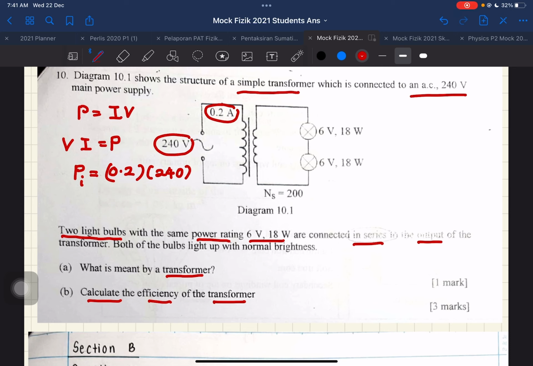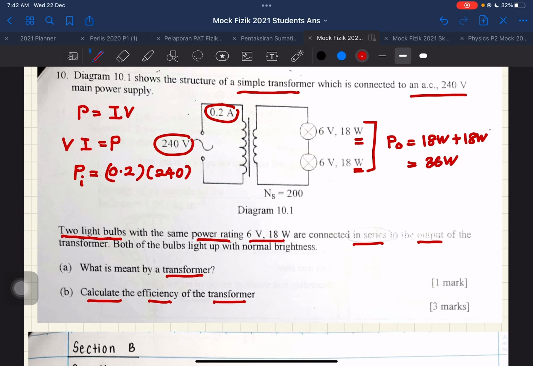Then the output power, you look at this. W, watt here, is the unit for power. Since they are connected in series, you need to add the total. So the output power will be 18 plus 18, so it is 36.